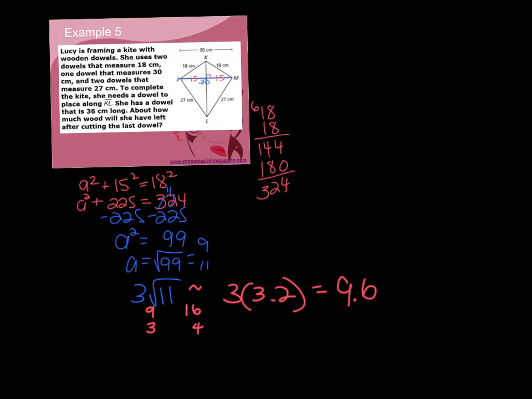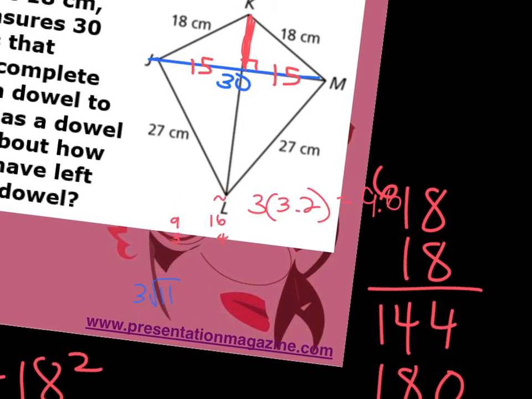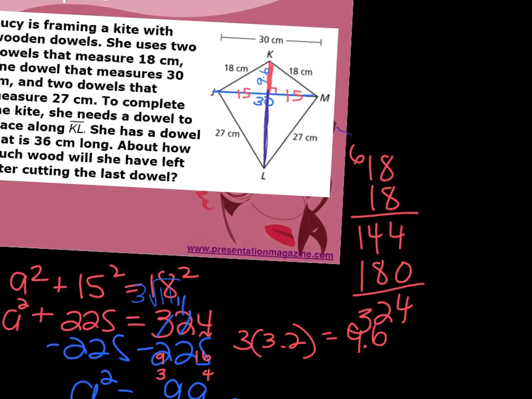So that's how much I would need for this side, which we just said was 9.6. Now I've got to complete this one. It's also a right triangle though, right?